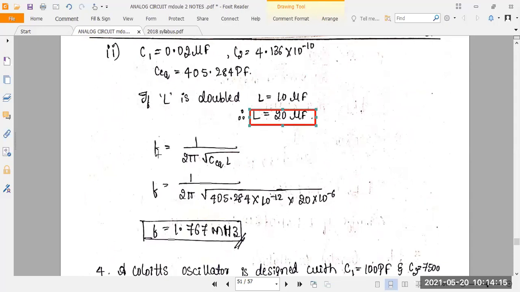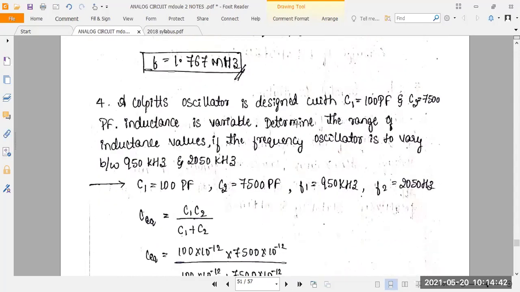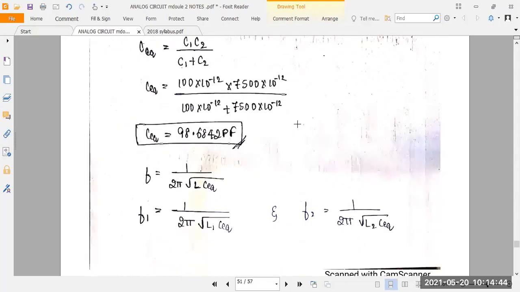You take the frequency equation for the Colpitts, that is 1 divided by 2 pi square root of C equivalent into L. We know the C equivalent, we know the L value, that is 20 microhenry. From that we get the frequency as 1.767 megahertz. Understood? So L given value is how much here? 10 microhenry. You change it to the double value, means 20 microhenry. Suppose if it is 30 microhenry, you take it as 60 microhenry, like that you consider now. Understood? This is for the problem now.